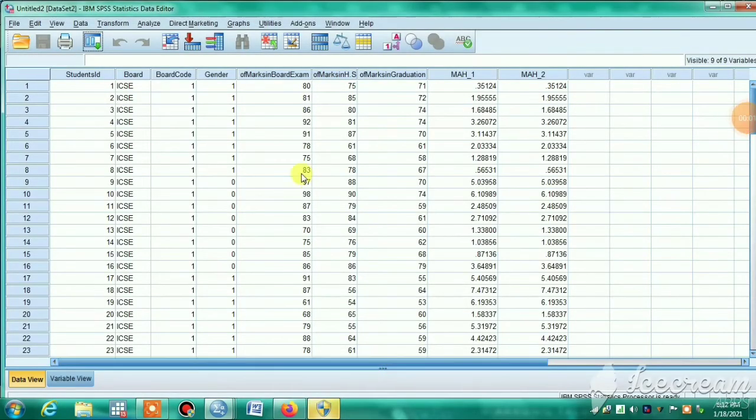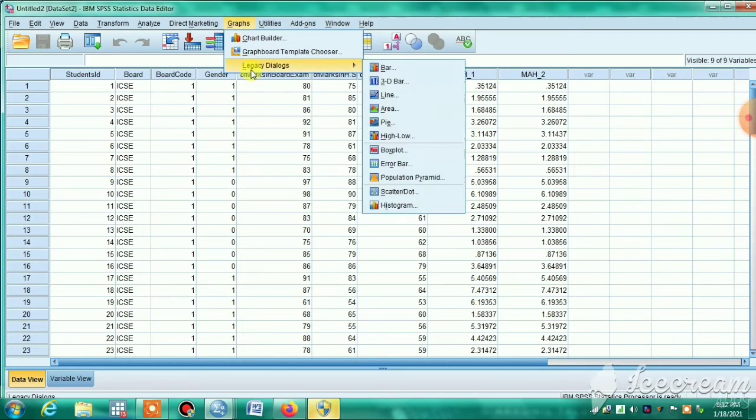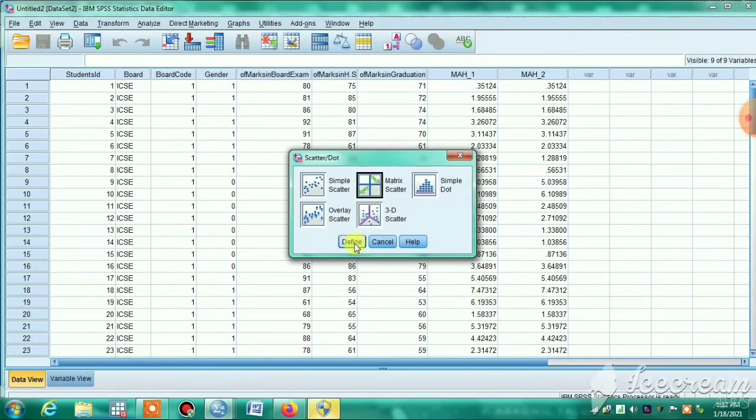We want to make a little modification in showing multivariate linearity, because in the last case we used board as the independent variable, not board code. So let's see what happens if we use board code instead of board. Legacy Dialogs, Scatter/Dot, Matrix Scatter, okay.